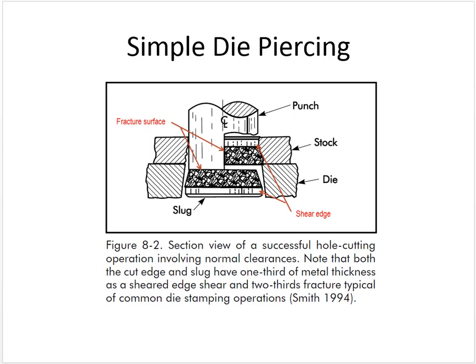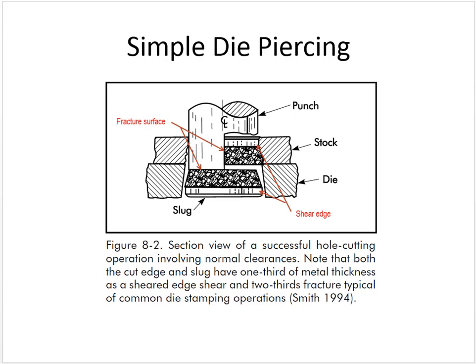There is what we call a shear edge, a nice shiny edge, both on the slug that gets punched out and also on the material. And then once it builds up enough force, the material shears, and then you get this fracture surface. You can see it here and here. This is typical of die piercing operations and punching operations.